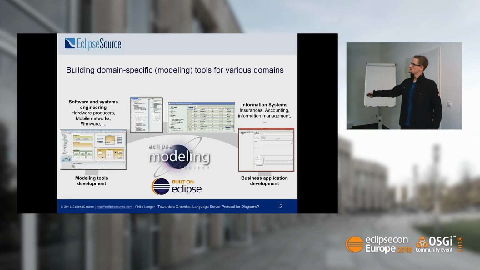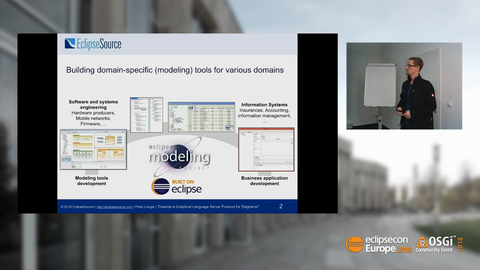Even though they look quite different and have a different user interaction model, what they all have in common is that they can be built pretty efficiently based on the tools available in the Eclipse ecosystem, that they are all built on the same Eclipse Modeling Framework, and that they are very well integrated into the Eclipse Rich Client Platform.